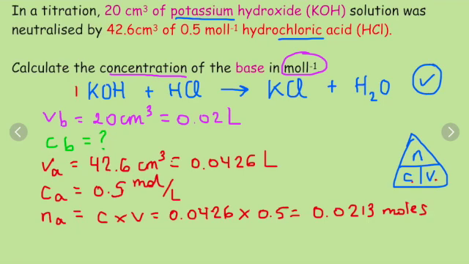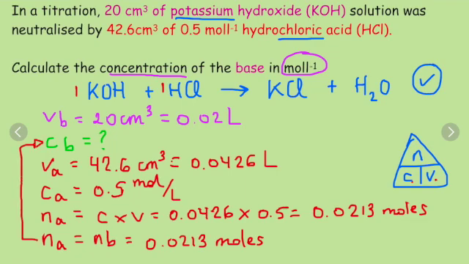We know with the molar ratio that 1 mole of base needs 1 mole of acid. So the moles of acid is going to be the same as the moles of base, and it's going to be 0.0213 moles. So with this information now, we can calculate the concentration.